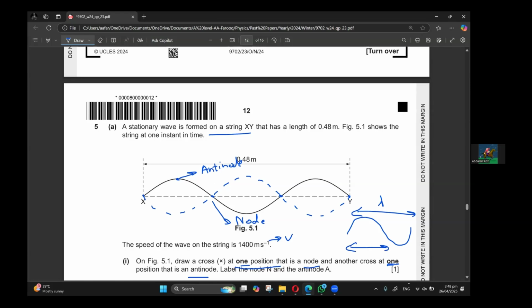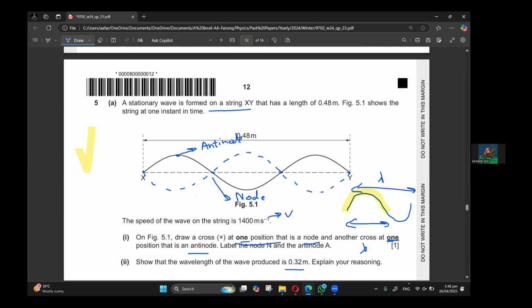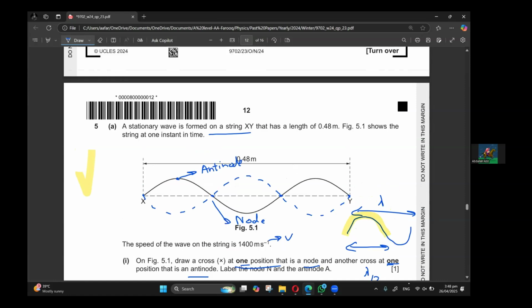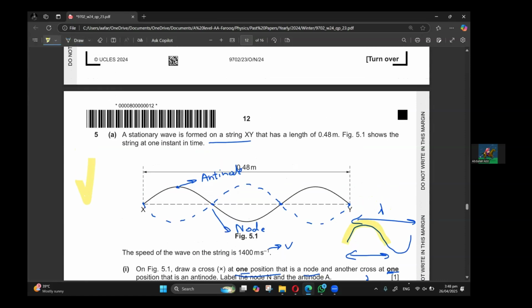So how much is this part over here? It will give us half wavelength. This part. So how many parts of these are in this wave? One, two, three.